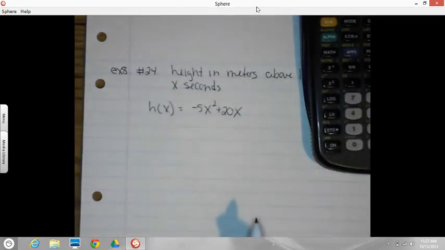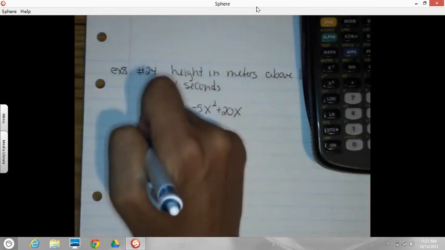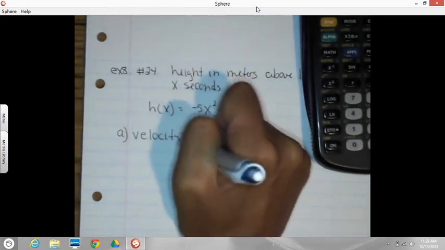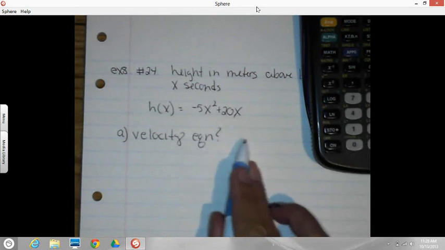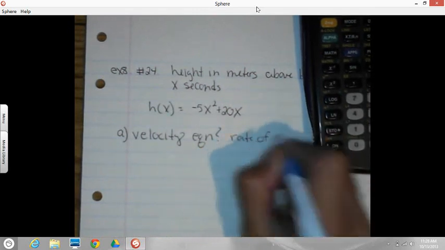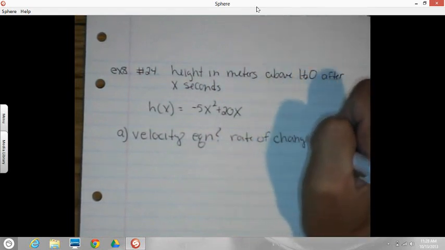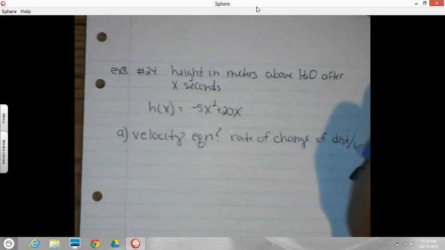All right, questions. Write an equation for the velocity of the book. Remember, velocity is the rate of change of distance over time. Rate of change of distance over time, divided by time.